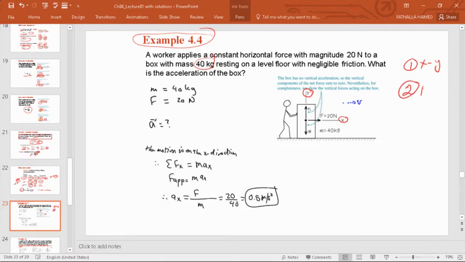Second thing, free body diagram. Identify forces. I told you to always take the effect from the center of the mass. So the weight is pulling down. The normal force that's coming from the floor is pushing up. That's along the y. And along the x-axis, I only have the applied force of 20 newtons.